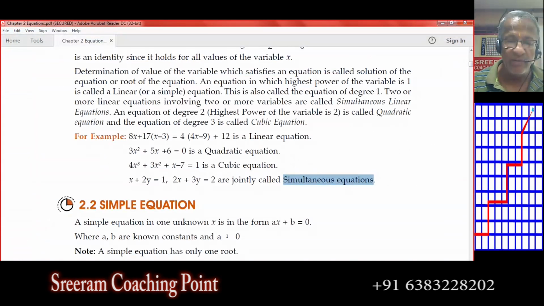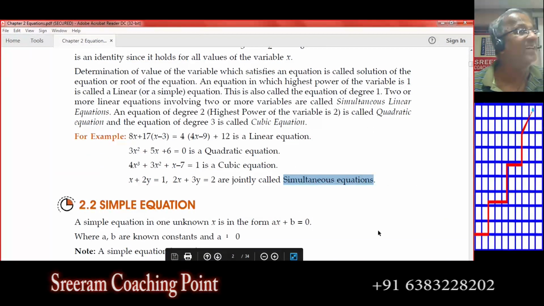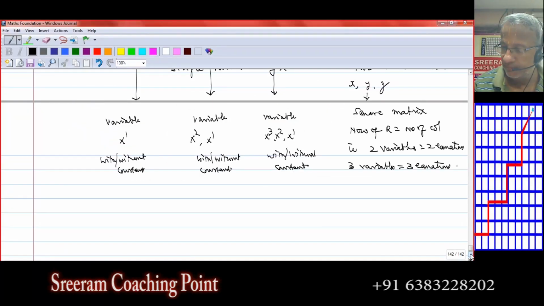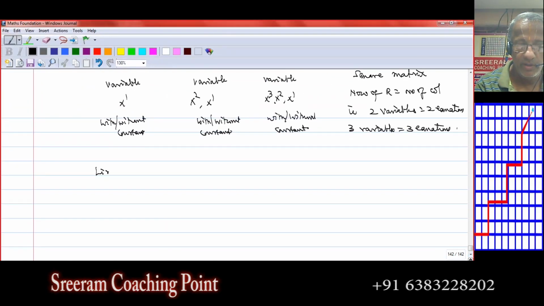In fact, in our institute study material, they have given an example for linear equation: 16x minus 24 equal to 0.